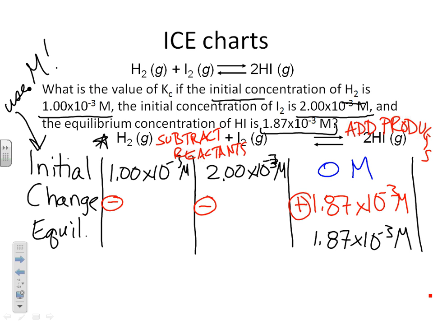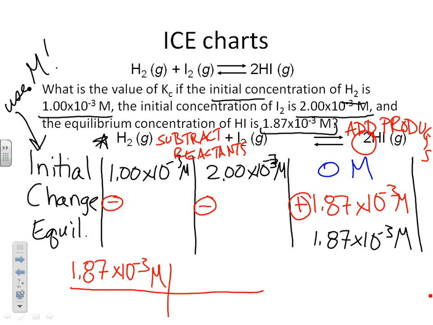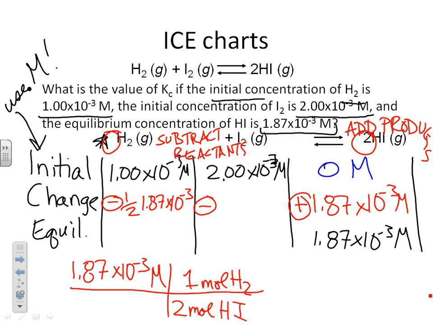I'm going to do this with the T-chart first, so you can sort of see where this is coming from. We know that this is the change, but then we're going to use the molar relationships. 2 HI, I'm going to start with the hydrogen, comes from 1 H2. This is straight from the coefficients. So the change for the H2 is going to be half the 1.87 times 10 to the minus third.